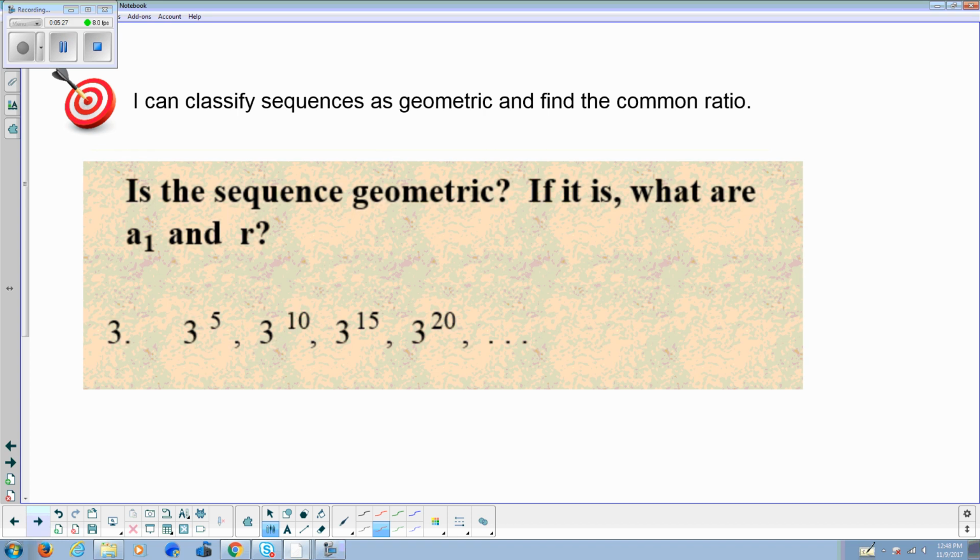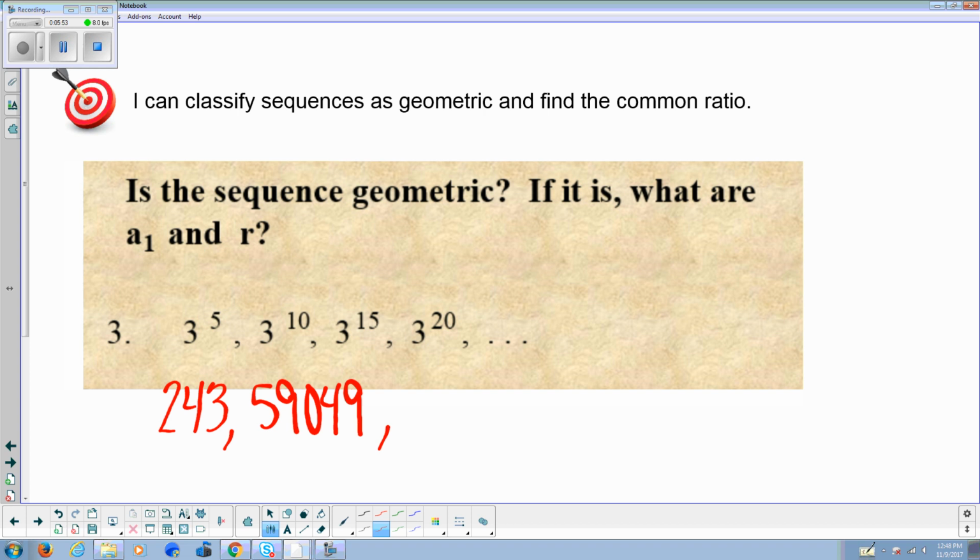Okay, the next one is looking at this in exponential terms. One method is I could convert all of these to the numbers that they refer to. 3 to the 5th power is 243. 3 to the 10th power is 59,049. 3 to the 15th power is 14,348,907.